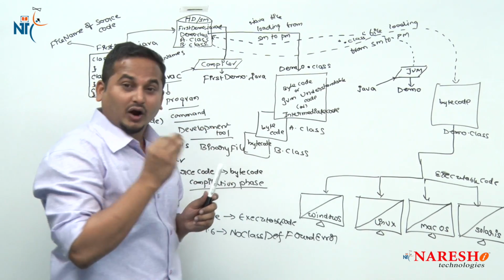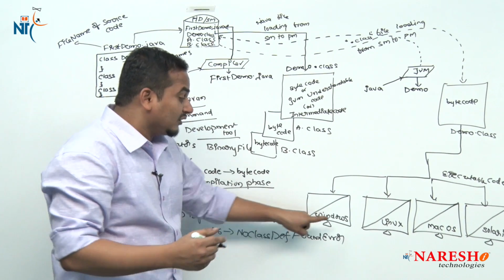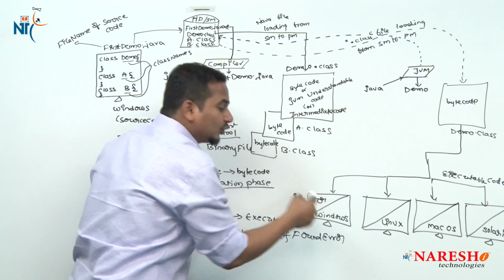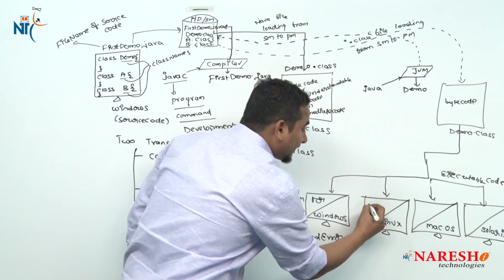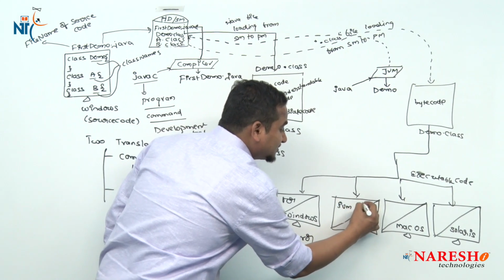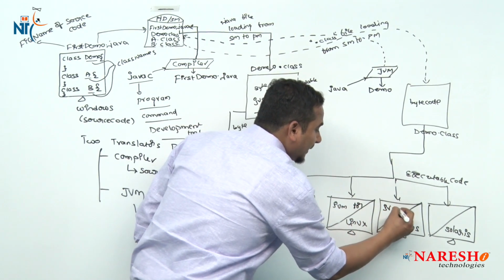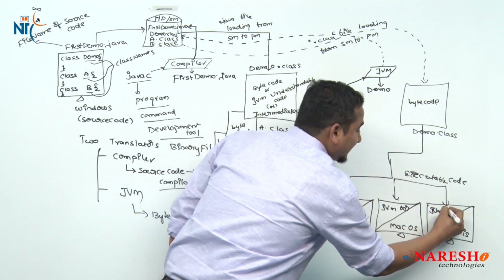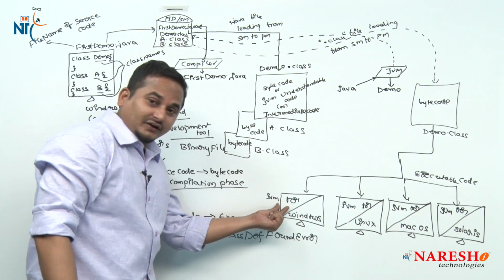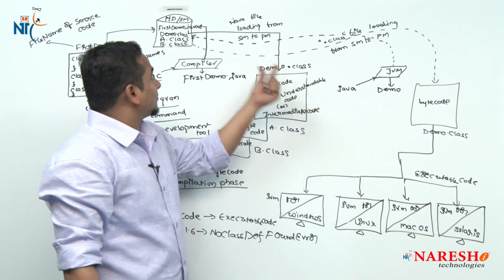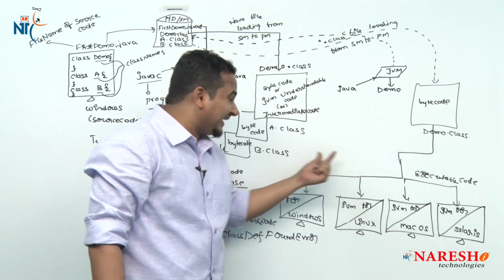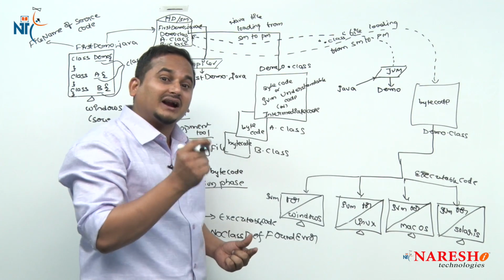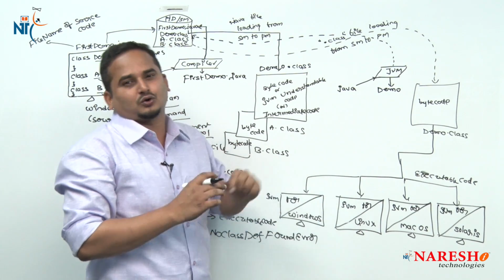For example, to execute a .class file within the Windows operating system, we require JVM for Windows. If you want to execute the application under Linux, we require JVM for Linux. For Mac OS, we require JVM for Mac OS, as well as JVM for Solaris. JVM for Windows can understand this bytecode. After understanding this bytecode, it will convert it into Windows operating system understandable executable code.